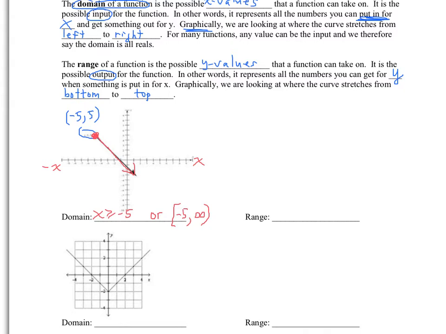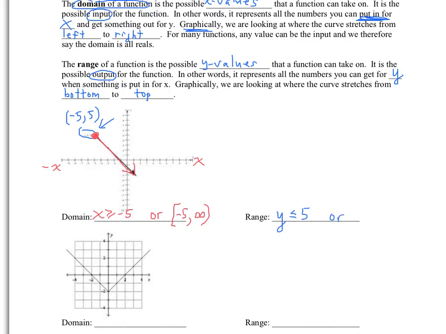The range, well, we said these are possible y values. It looks like the y values that it takes on is everything less than or equal to 5. Right here at this top point, you can see that the highest that it reaches is 5. So our range is y values less than or equal to 5.